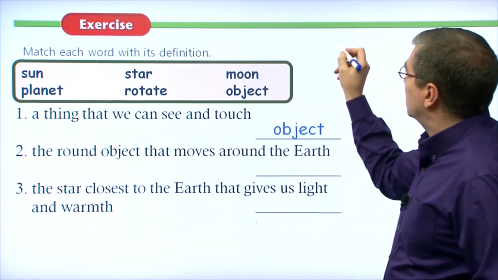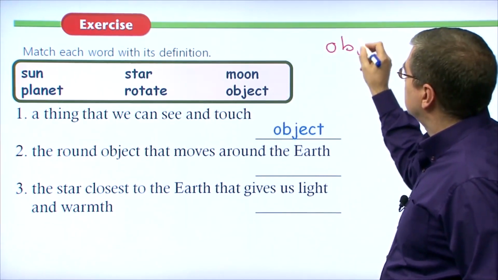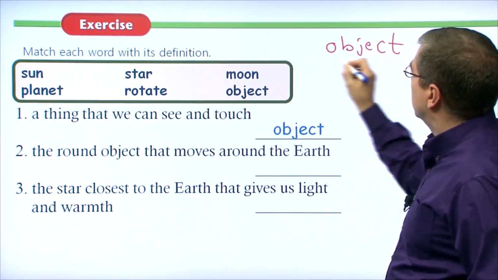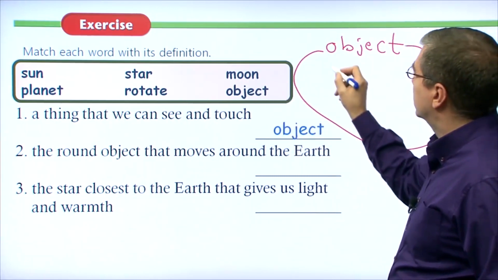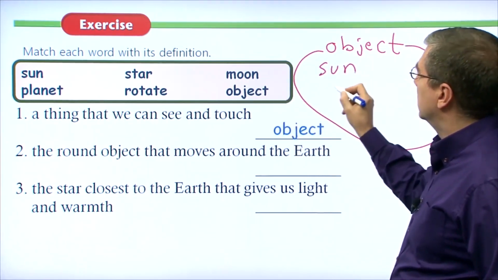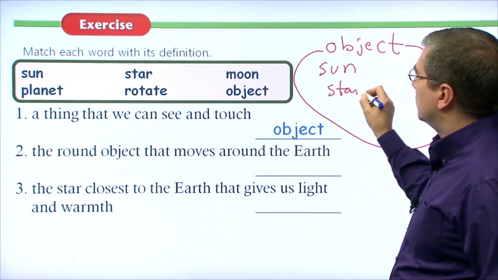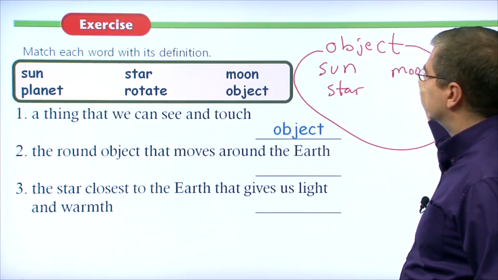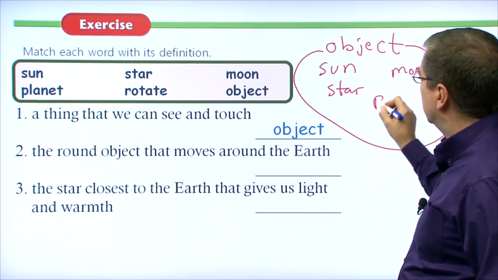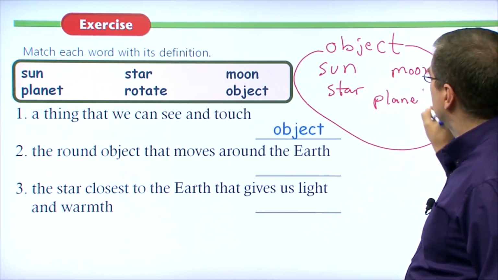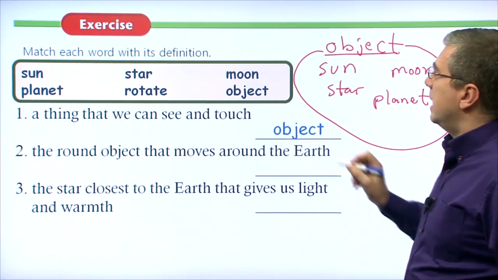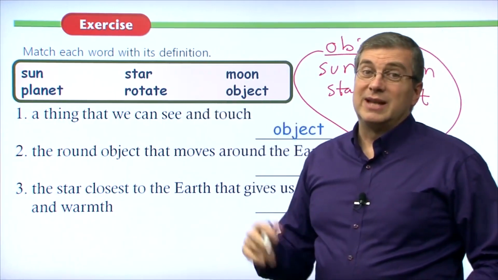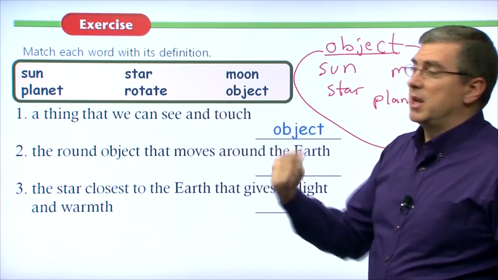But it's interesting to notice, object is the big word that takes all of these other words into it, right? Sun is an object. Star is an object. Moon is an object. Planet is an object. All of these things are objects, right? Rotate is not an object, that's a verb, okay? It means to spin, right?